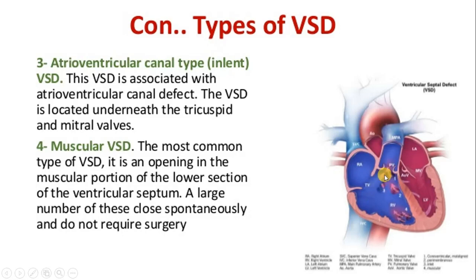This one, the conal VSD, is very uncommon, a rare one. Atrioventricular canal defects are located under the tricuspid and mitral valves, so these are in the membranous part. The muscular ones are the common ones, but most of these defects close spontaneously and do not require surgery.